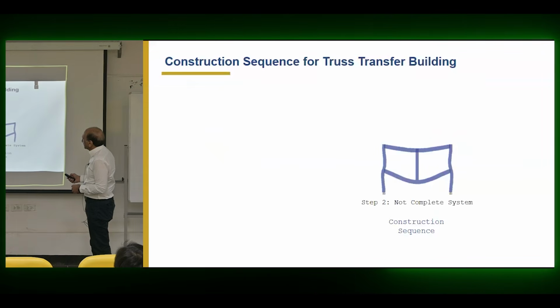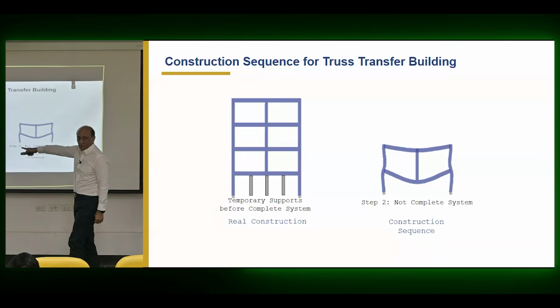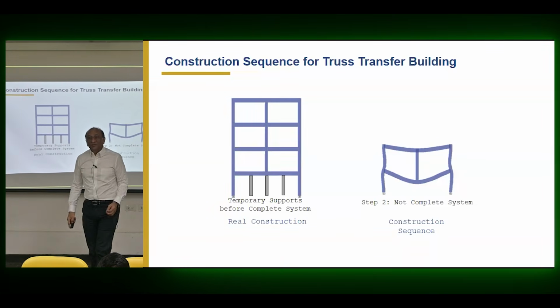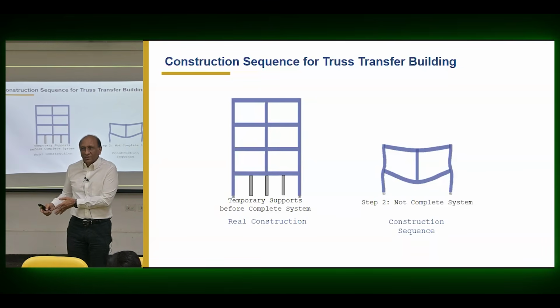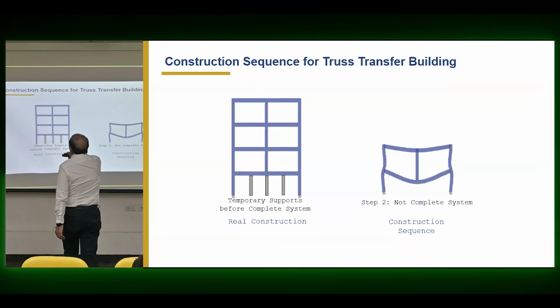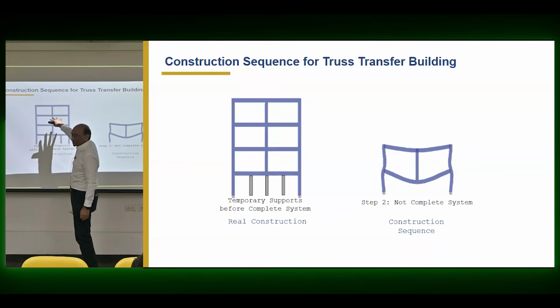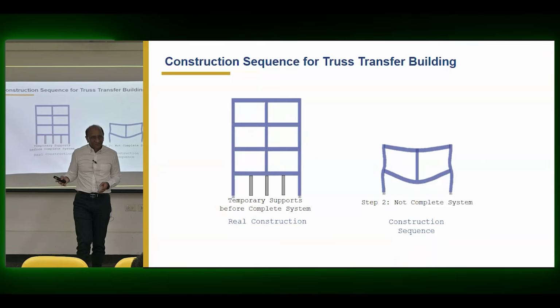So transfer girder, construction sequence, and now this is another problem. The third one, the temporary structure, they alter everything, because how it is constructed will make all the difference. Whether you remove these props when the whole building is constructed, or you remove them after the first girder is constructed, totally different results.